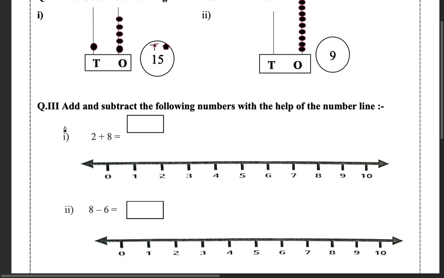Next question is, add and subtract the following numbers with the help of number line. 2 plus 8.